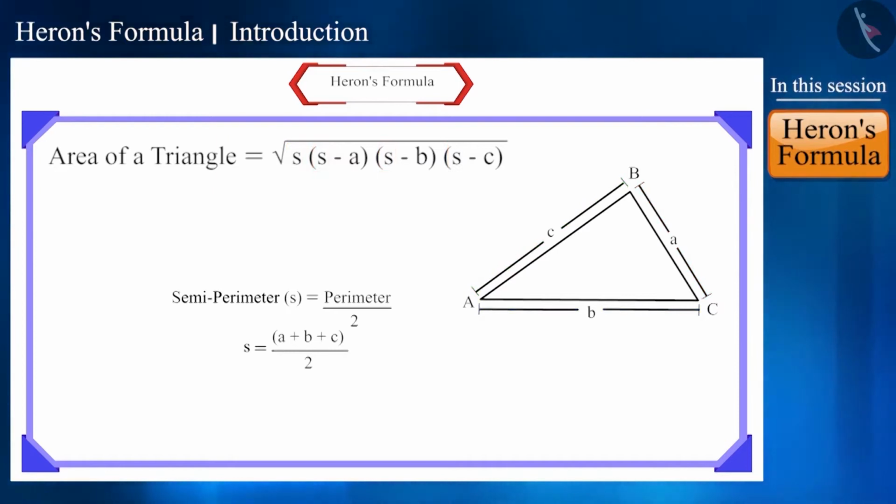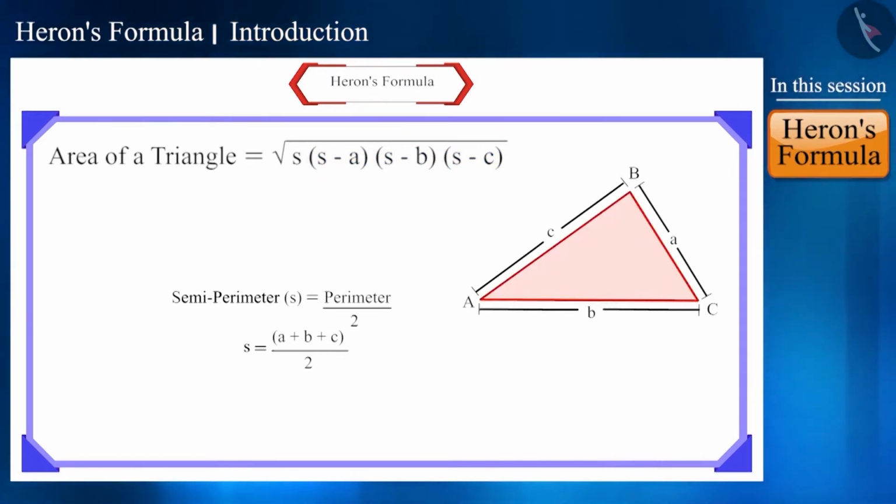And the expression in brackets, s minus a, s minus b, s minus c, represents the product of all the terms in parentheses obtained by subtracting the measurement of each side from the semi-perimeter.